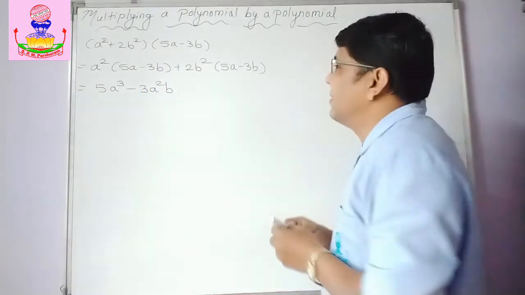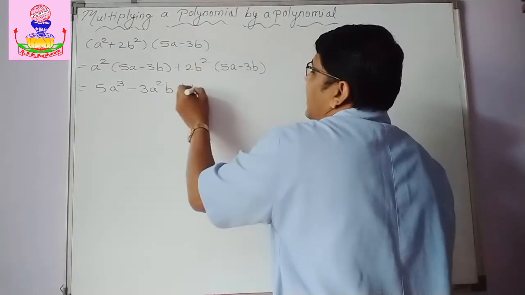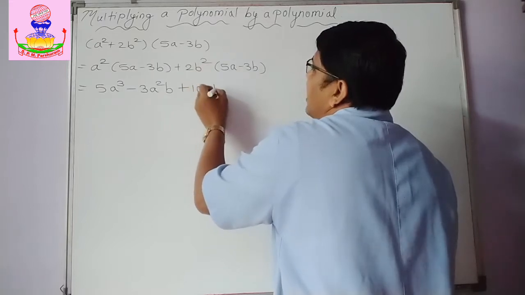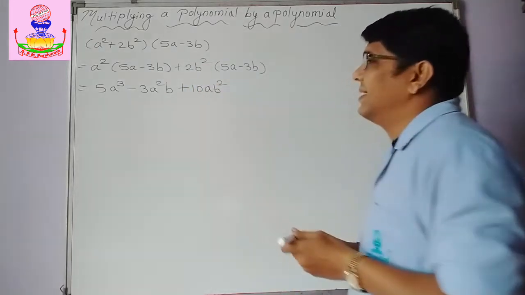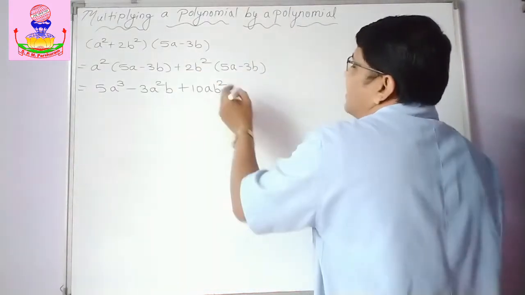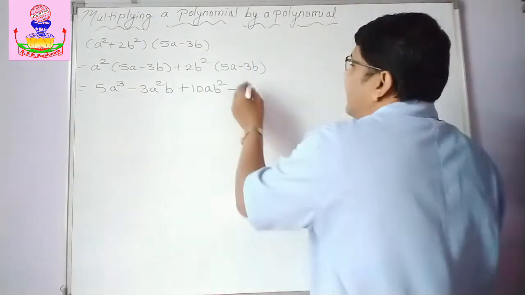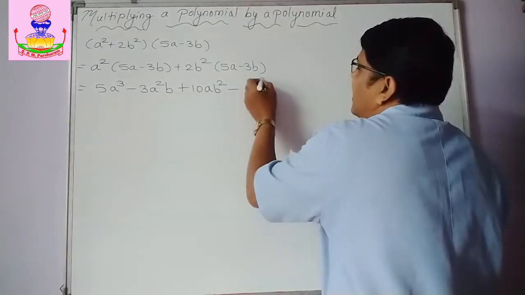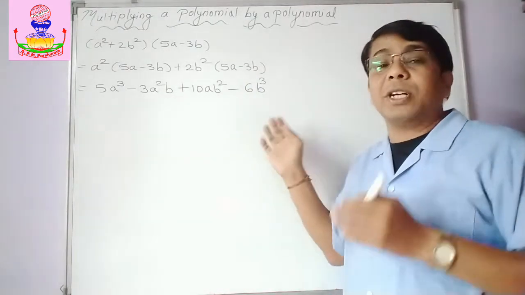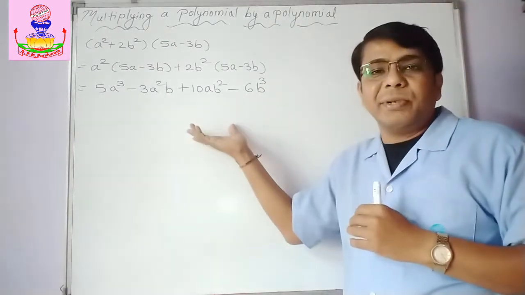Okay. Then plus into plus, plus 5 2s are 10 and a into b square, so 10ab square. Okay. Then plus into minus, minus 3 2s are 6, b square into b, b cube. Okay. Now we are doing it directly because now we are very well familiarized with it.